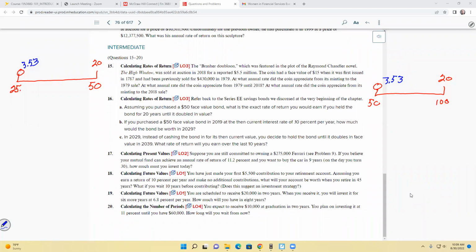Then it says, we purchased in 2019, so I'm gonna draw both of these out. If you purchased it in 2019 at 1/10 of 1%, and this was 10 years, what they're asking is, how much is the bond worth in 2029?